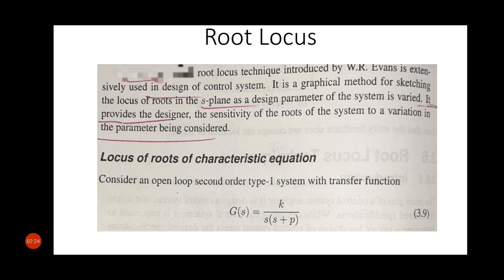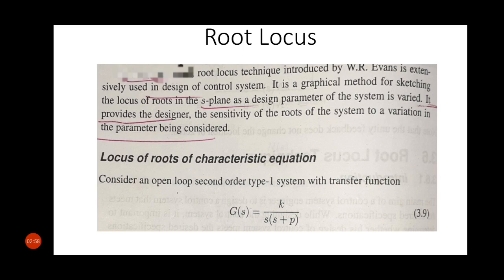The second drawback is that it does not help much in design problems in which the designer is required to achieve the desired performance by varying one or more system parameters. The desired behavior of the system may be specified in terms of steady state error, peak overshoot, settling time, rise time, etc.